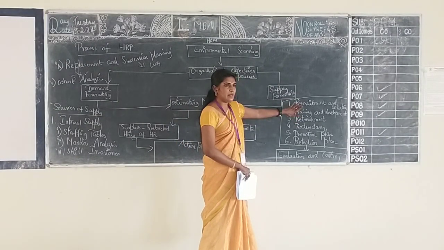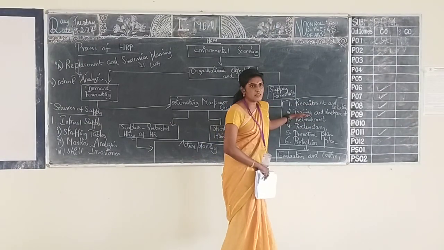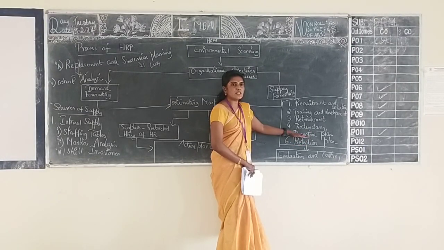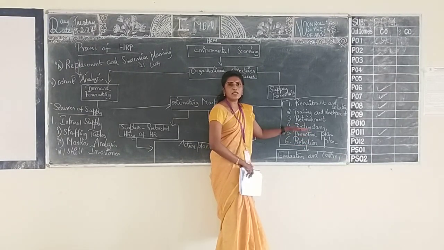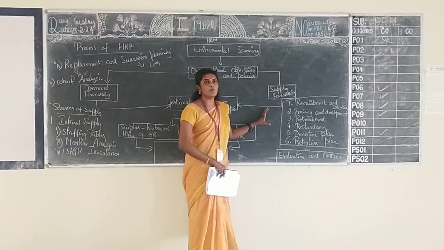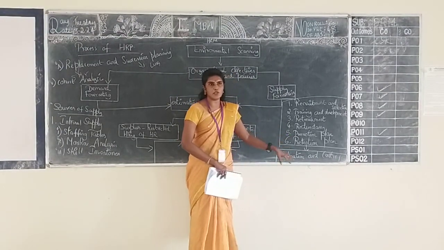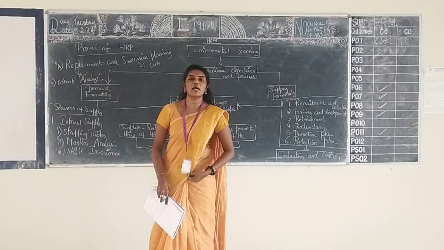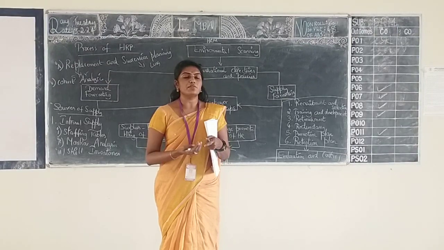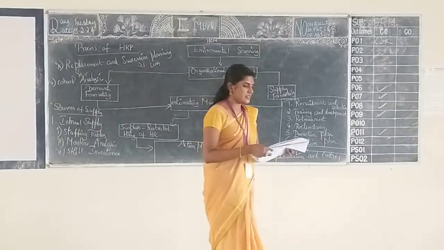In the next topic you will study briefly about recruitment and selection. Then training and development, retention and redundancy, and promotion. Every organization compulsorily has promotion. Next, retention. These are the action plans. Based on the action only we have to evaluate and control. The last one is evaluation and control, to make the human resource planning very effective. These are the process of human resource planning.